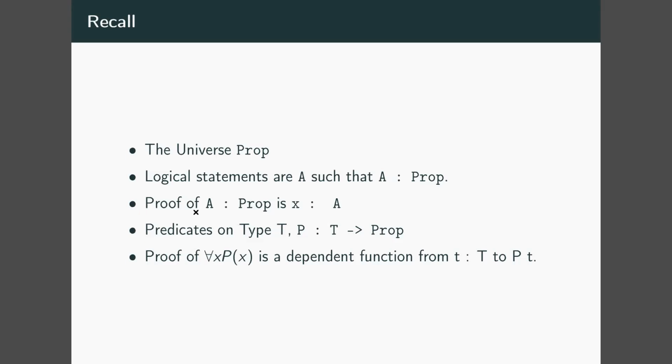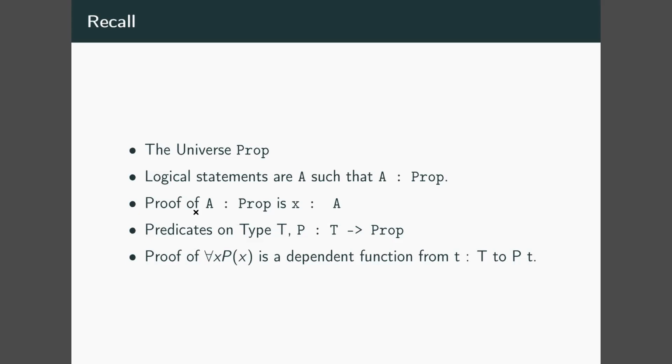We also saw that a predicate over a type T is captured by a function from T to Prop. For each element of T, it will give you a potentially different proposition. That is how predicates are defined, and they correspond to what in the programming world we call type families.